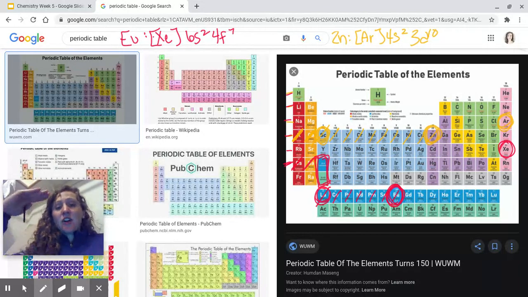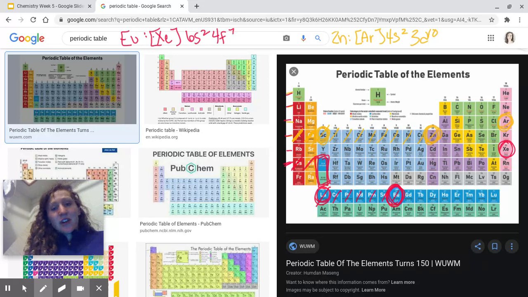And then you have to know that each period or row in the periodic table corresponds to the energy level. And if you know those things, then writing electron configurations becomes so simple just by understanding the tool that the periodic table is and being able to use it. So try this with your homework tonight, and we can talk about it in class tomorrow. Let me know if you have questions. See you in class.